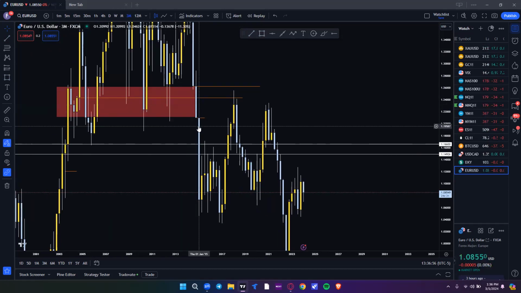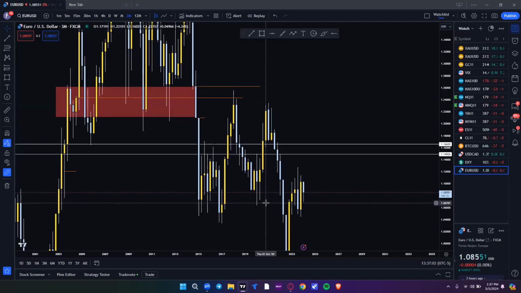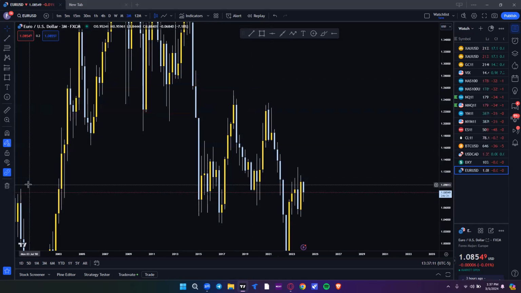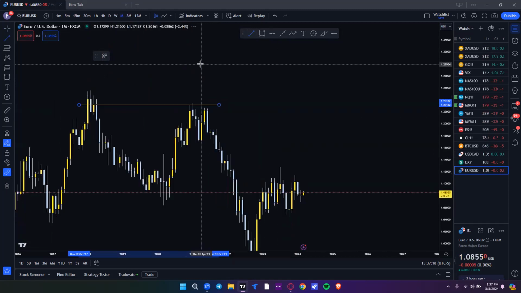Price had to break this. And then after breaking it, price had to retest the breakout level to take this down. In this example, this push up, what we can see is that it's respected your classic SNR. This is 3 month, by the way. Let's mark that out real quick and go to the monthly.